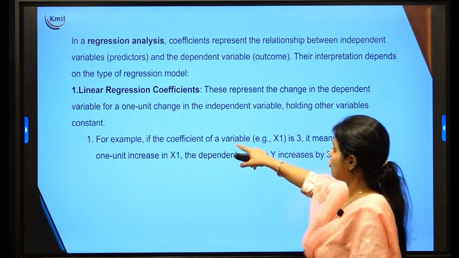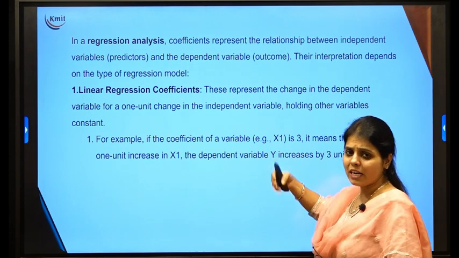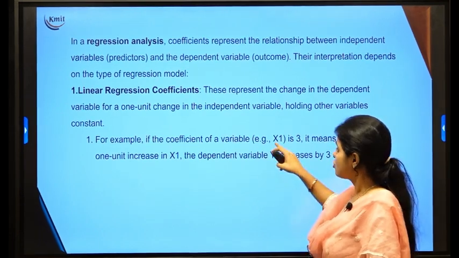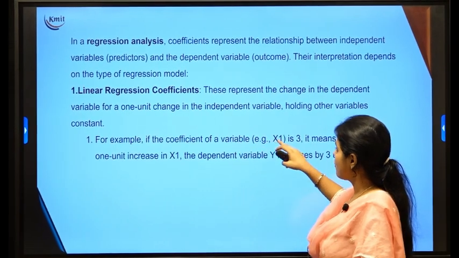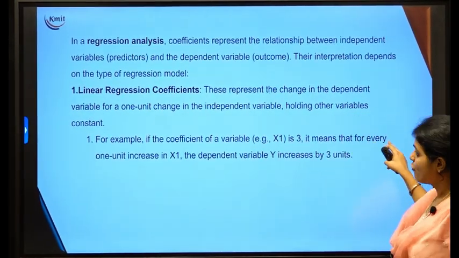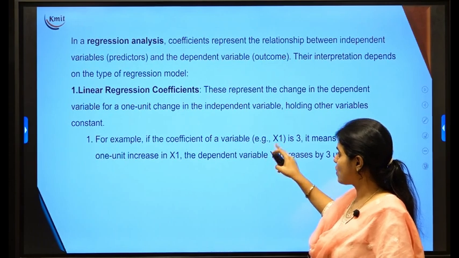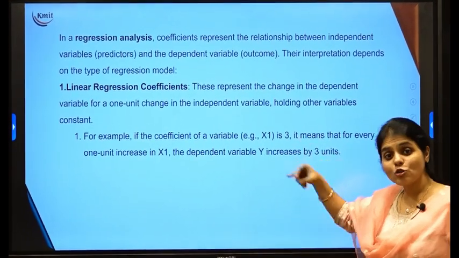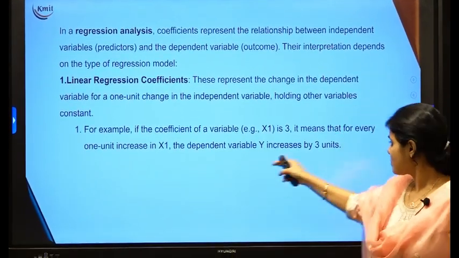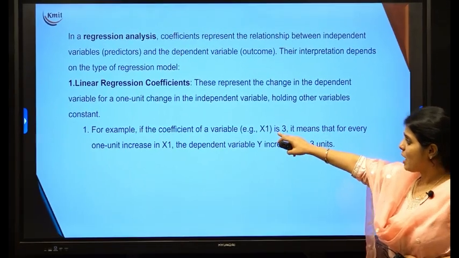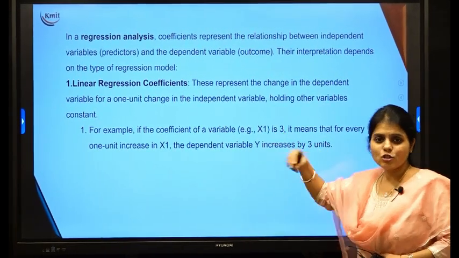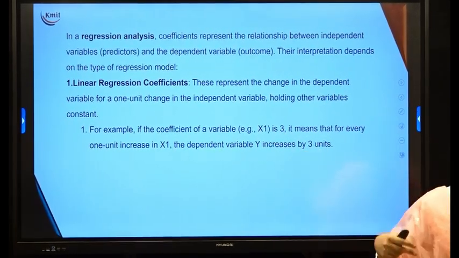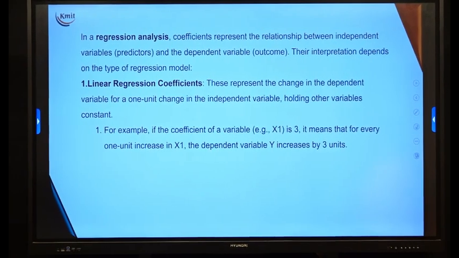If the coefficient of variable x1 is 3, it means that for every 1 unit increase in x1, the dependent variable y increases by 3 units, because the coefficient is 3. So when I change that particular value, my dependent variable also changes.